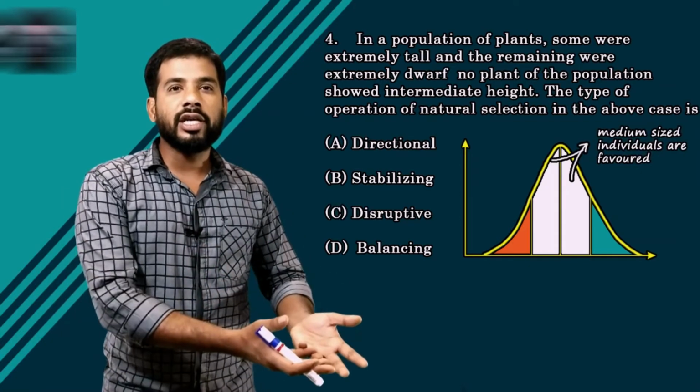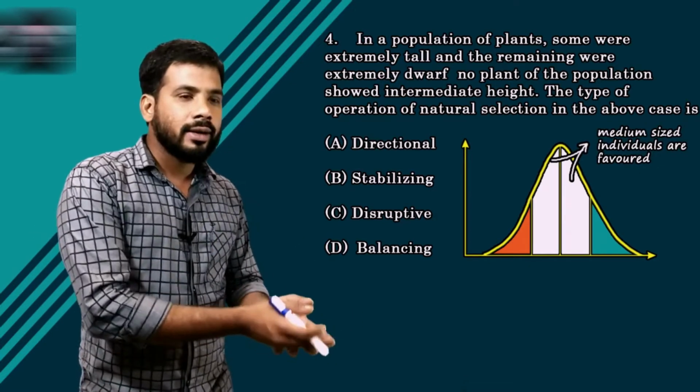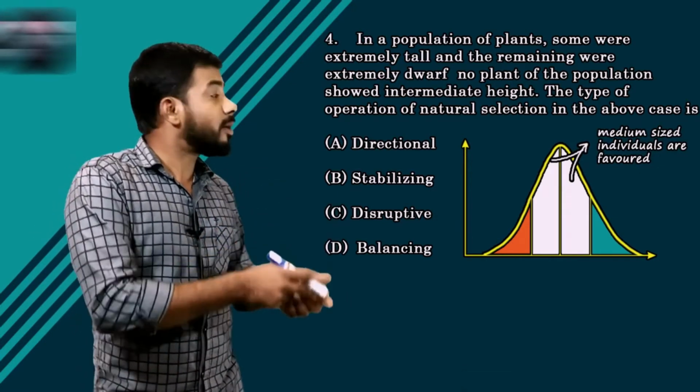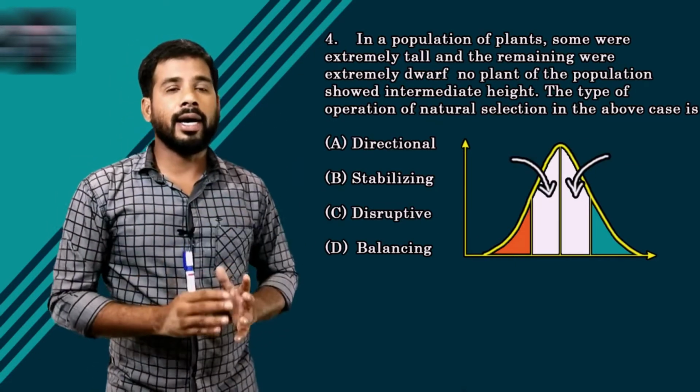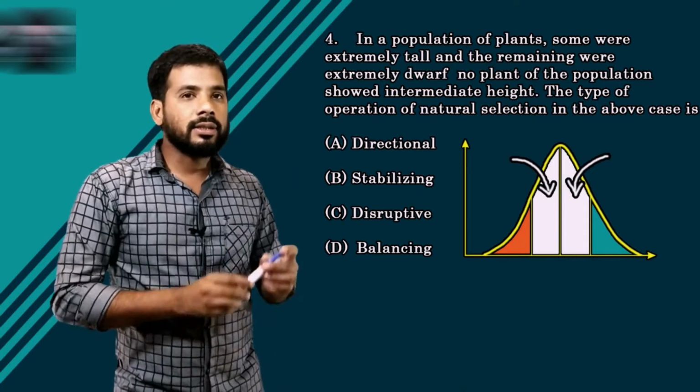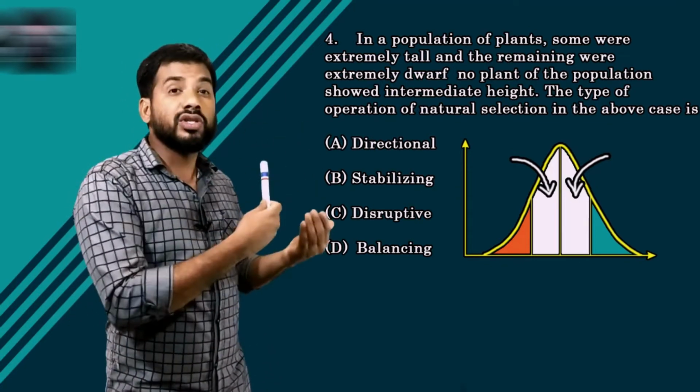If natural selection operates in a way that is not supporting the individuals of medium height, now what happens? The curve disrupts.